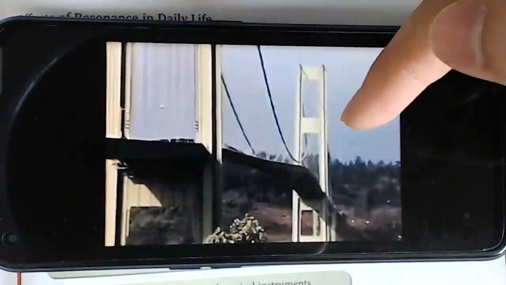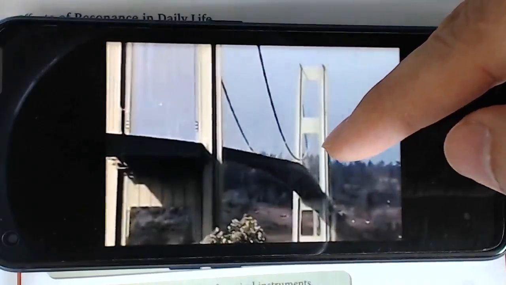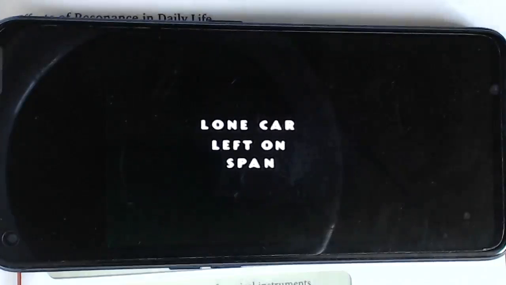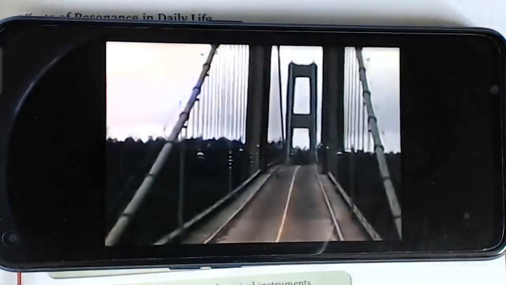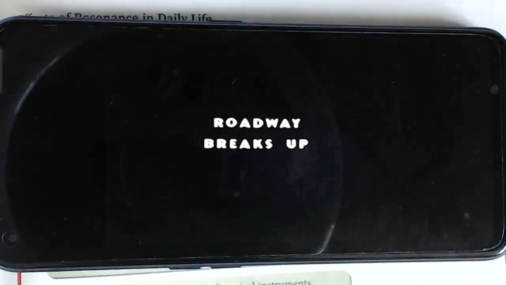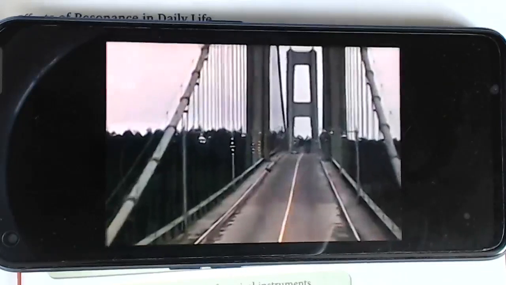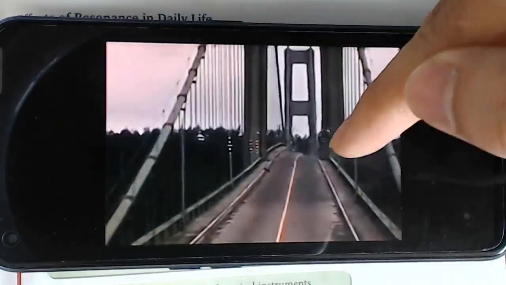How can this bridge, which is very heavy, tons heavy, vibrate like this?